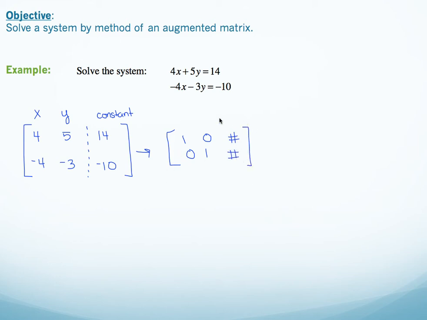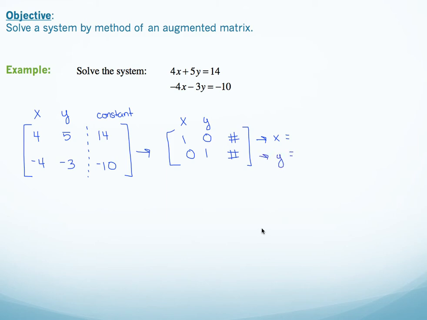This matrix here is the solution to this system, and you read it as how you typed it in. If this column is x and this column is y, then this number right here is the answer for the x value. So this is saying 1x plus 0y is equal to some number. And the second row, same thing: 0x plus 1y is equal to some number, and that number is the answer for y.